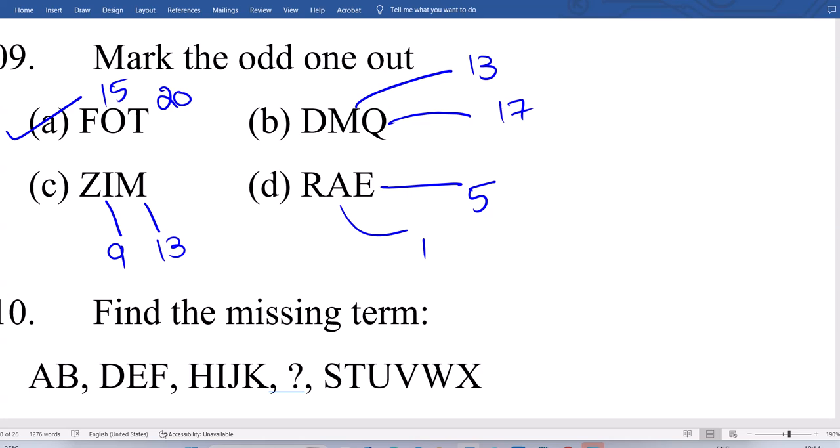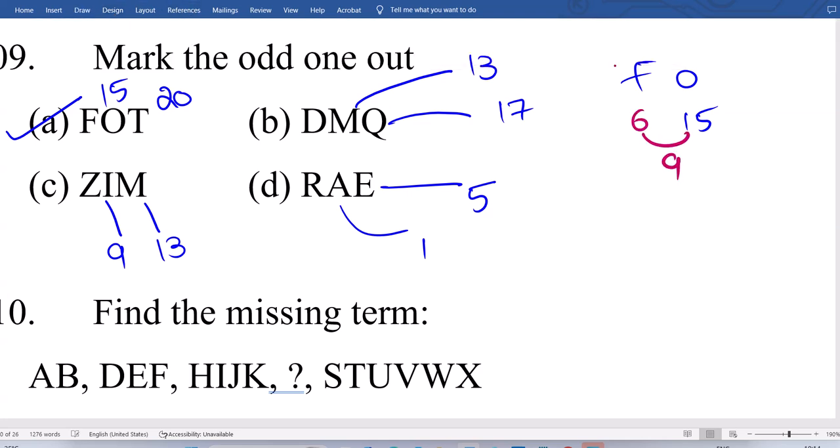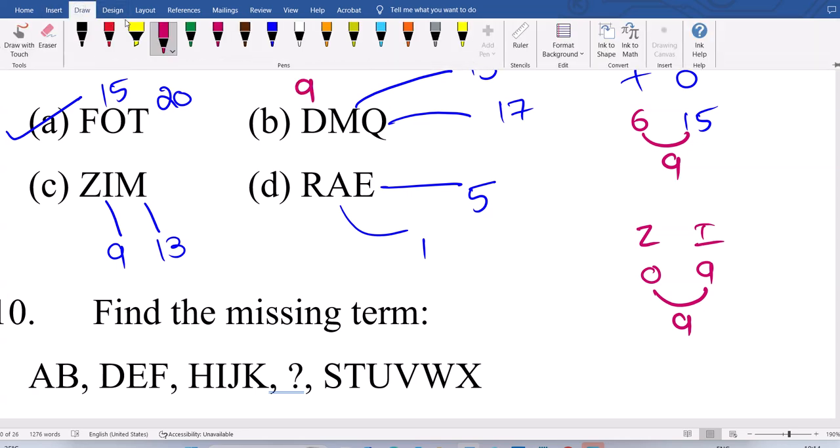So what about the first two letters, sir? You can go ahead with that. F and O, 6 and 15, 9 gap. Z and I, Z is 0 also. I is 9. 9 gap, there is no problem. D is 4, M is 13.